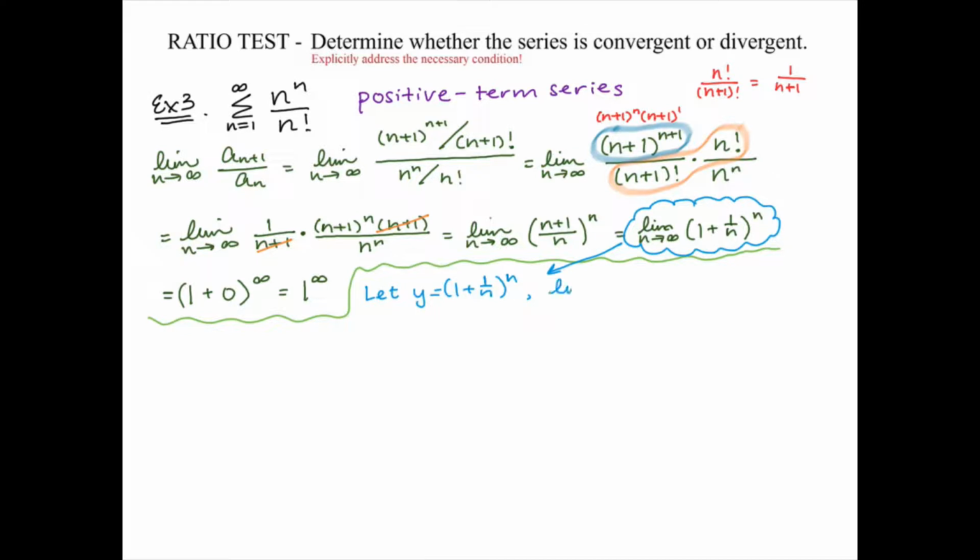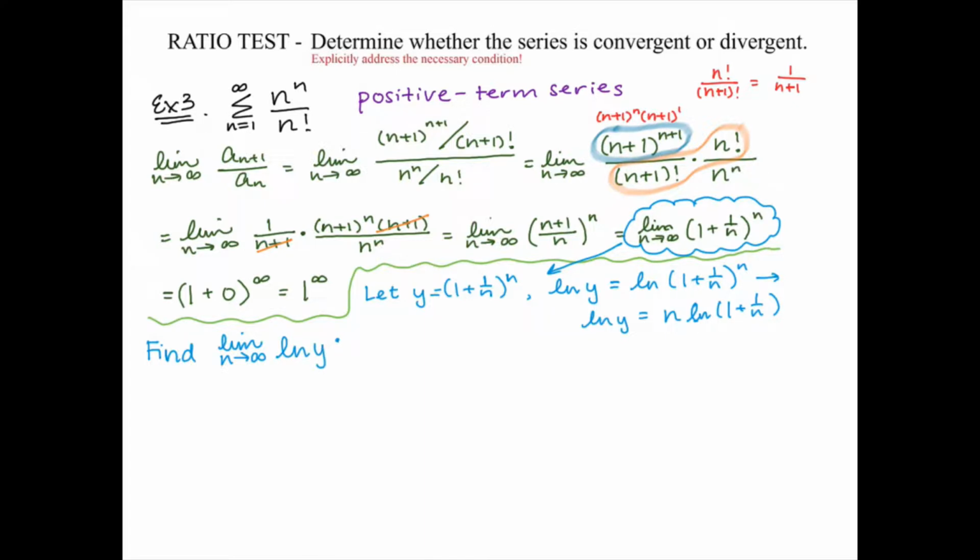Then the natural log of y will equal the natural log of (1 plus 1 over n) to the n, or the natural log of y will equal n times the natural log of 1 plus 1 over n. And we are going to find the limit as n approaches infinity of the natural log of y.